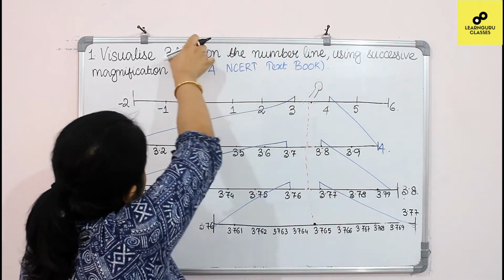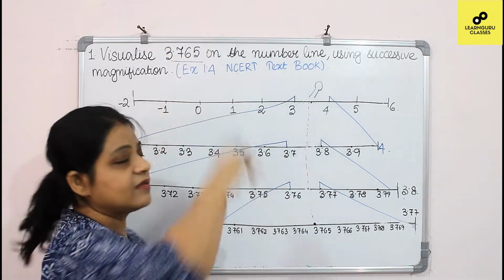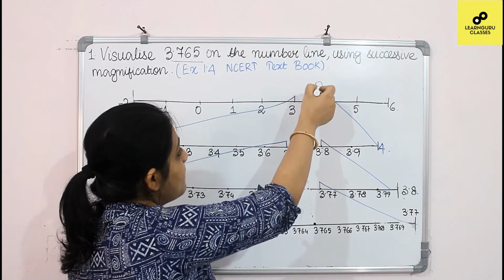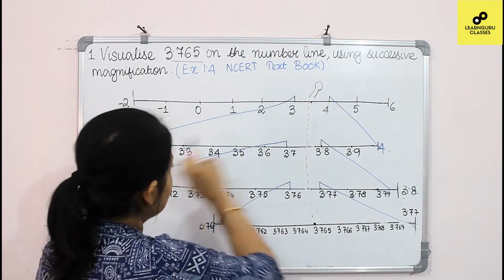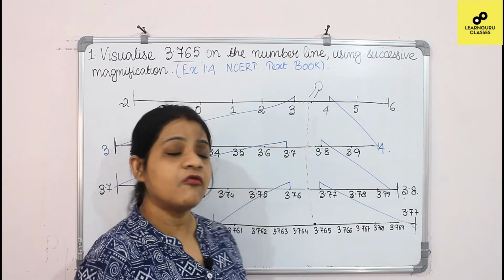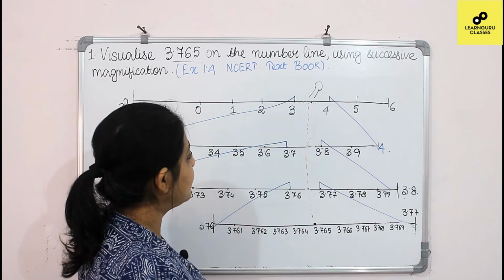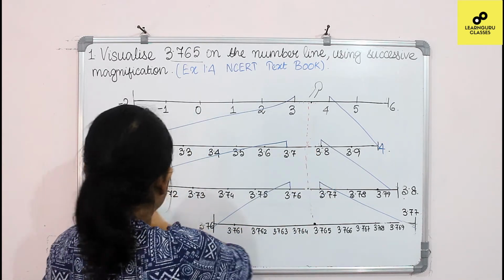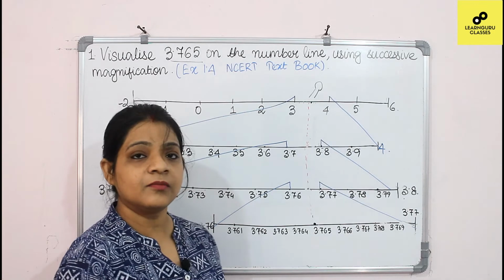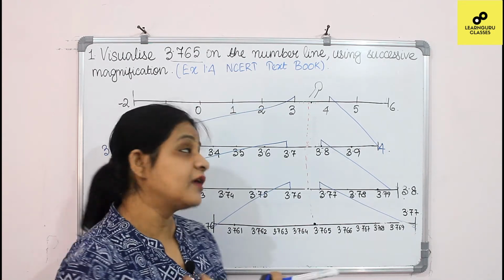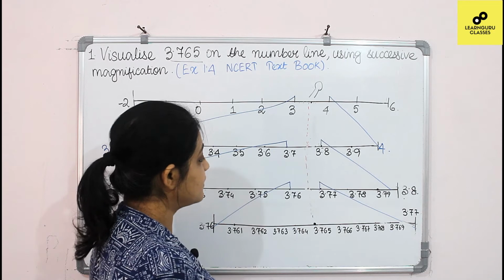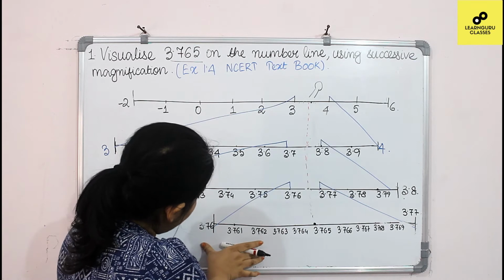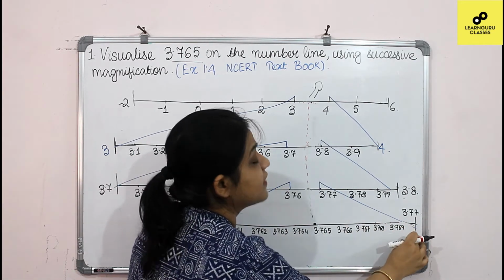Once you have determined that 3.765 will lie somewhere between 3 and 4, then again you are placing the magnifying glass over here, you are getting an enlarged view of 3 and 4, then again you are placing the magnifying glass here, you are getting an enlarged view of 3.7 and 3.8, then again you are writing here 3.7, 3.8, trying to guess the position of 3.765, projecting it, and after that you are getting the enlarged view of 3.76 and 3.77.